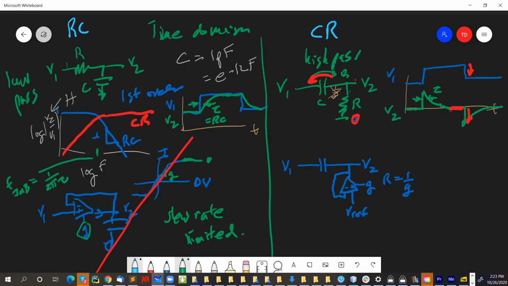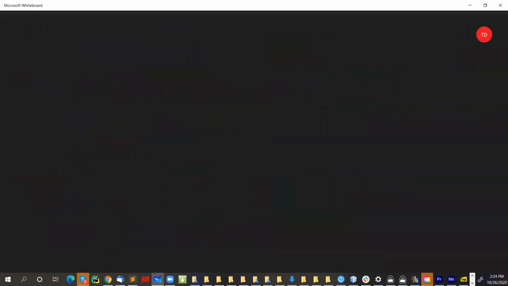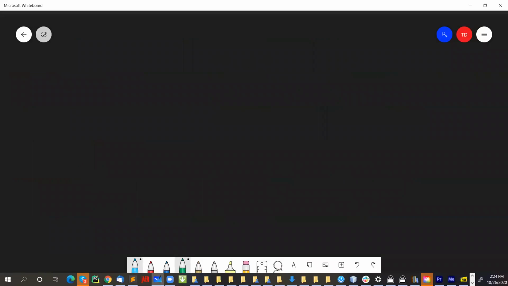Okay, so now let's go here and make a new board. So now let's compute the time domain response of this RC low pass filter. Let's just write the differential equations and compute this exponential decay of the natural response.